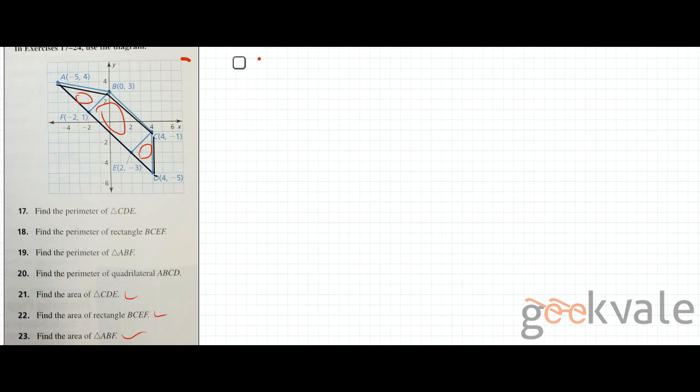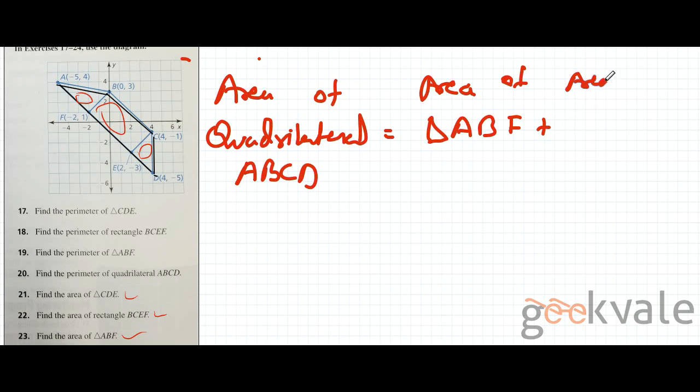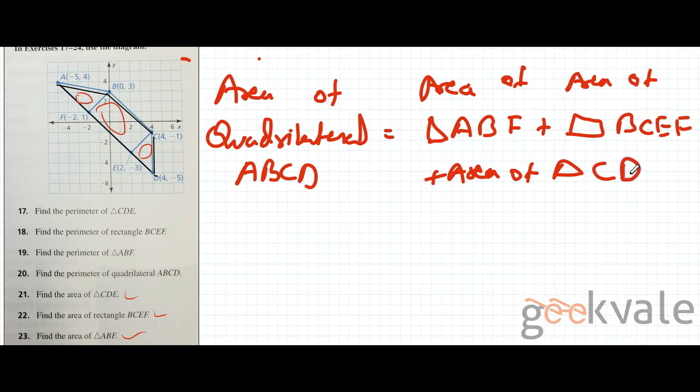So we can say that the area of quadrilateral ABCD will be equal to the area of triangle ABF plus the area of rectangle BCEF plus the area of triangle CDE.